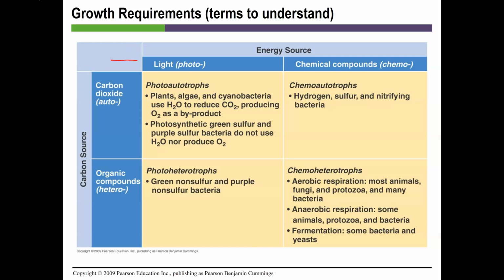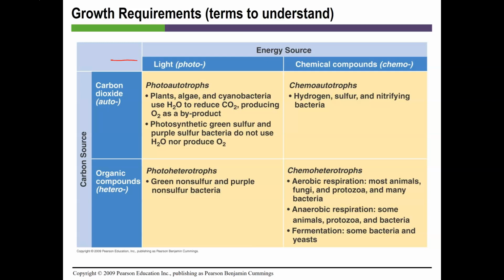It's either light, which is designated by the prefix photo, or the energy source is chemical compounds, which is designated by the prefix chemo. The carbon sources also come in 2 varieties. Carbon may be supplied by either carbon dioxide, which is designated by the suffix auto, A-U-T-O, or carbon is supplied from organic compounds, which is designated hetero.